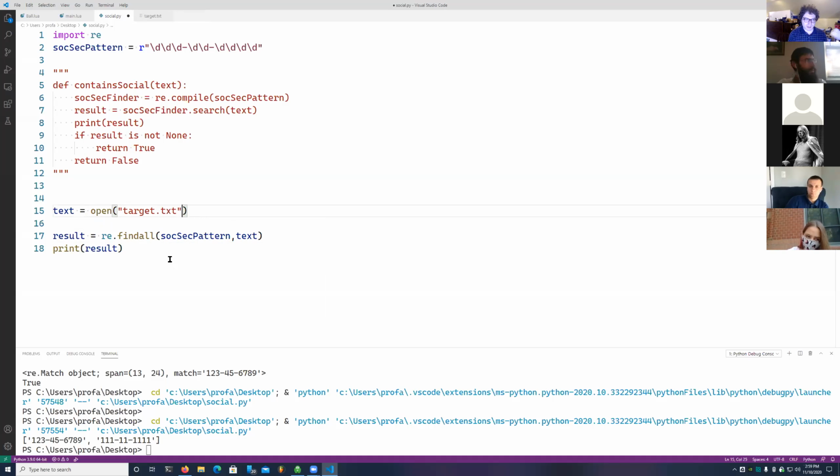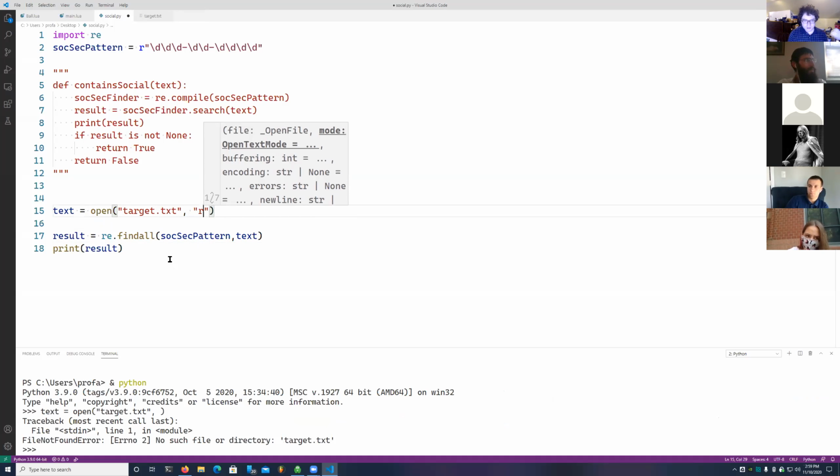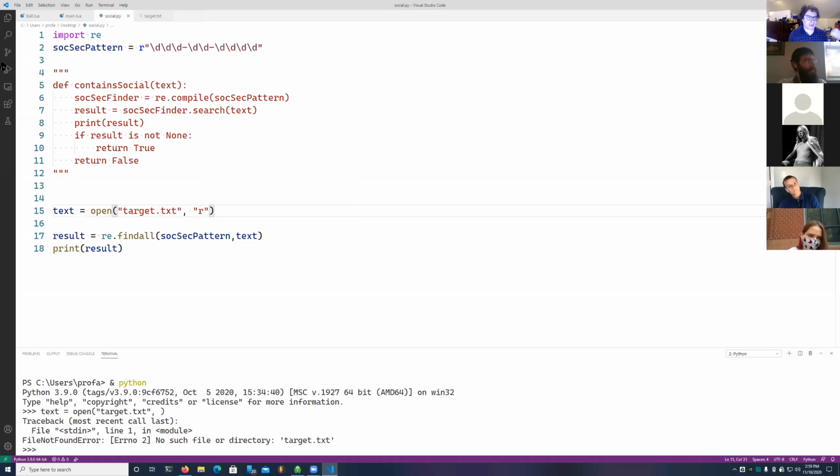Open it in read mode. And now what we can do is read to dump it all into our text variable as one solid string. Makes sense?